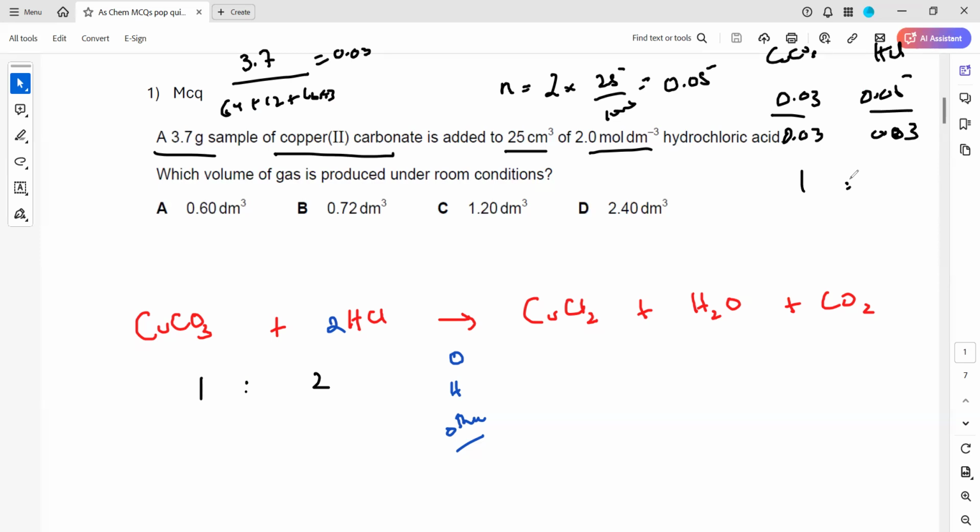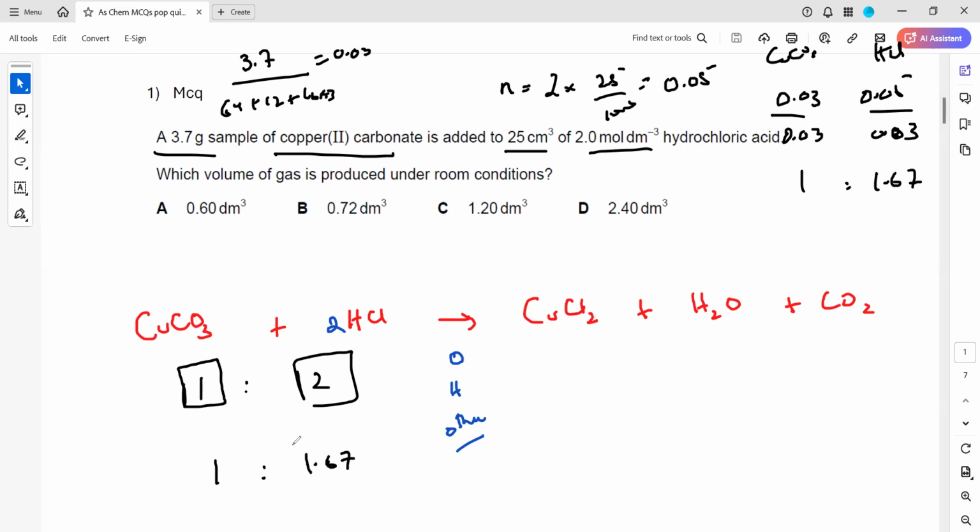What's the answer? 1.67, or 1.7, you can round off. So according to the equation, 1:2. According to the values which I have, 1:1.6.